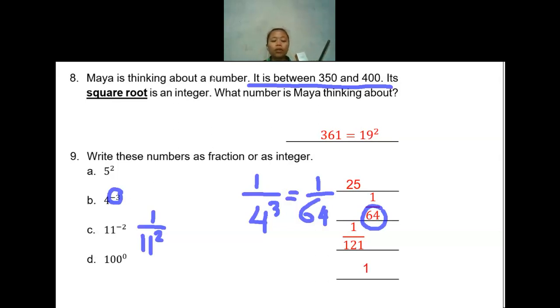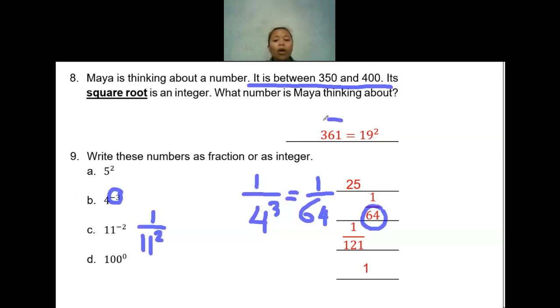That's why in question 8, the number is in between 350 and 400, it means the number will never be equal to 350 or 400 because it says in between. Same like this one, it is in between the phone and the pen. Only the box, not the pen, box, and phone. That's why the answer in question 8 will be 361.